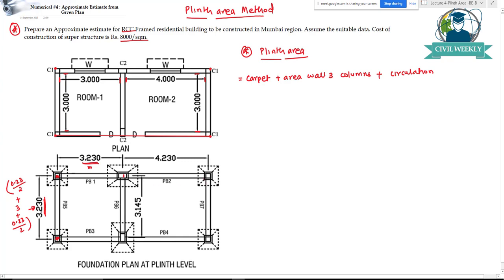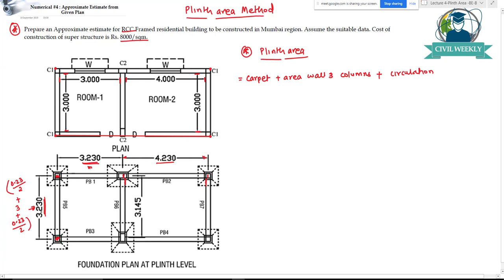Likewise here, let's say this is 4.23 meters. From this center to this center, my dimension is 4.23 meters. But inner to inner dimensions, from this edge to this edge, the total length is 4 meters as mentioned here. Overall, center to center is 4.23.